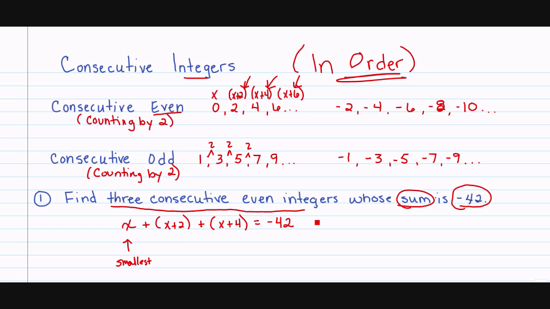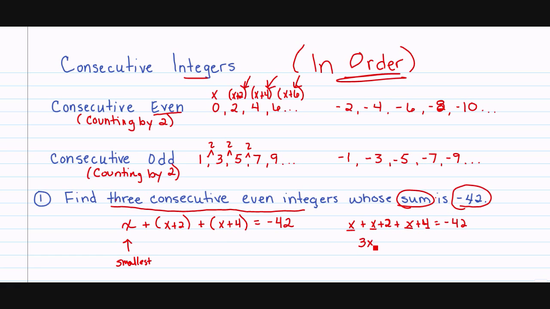Okay, so I have a problem here. x plus, x plus 2, plus x plus 4 equals negative 42. Now I need to combine them. Technically, I have x plus 2 plus x plus 4 equals negative 42. How many x's? 1, 2, 3.